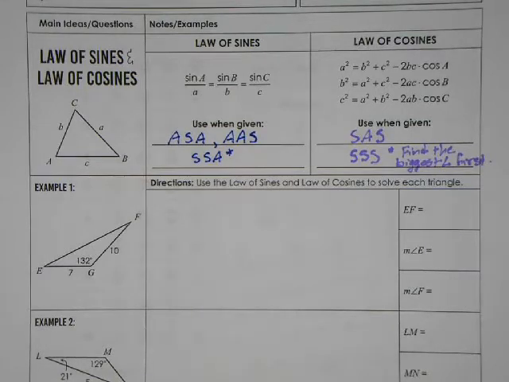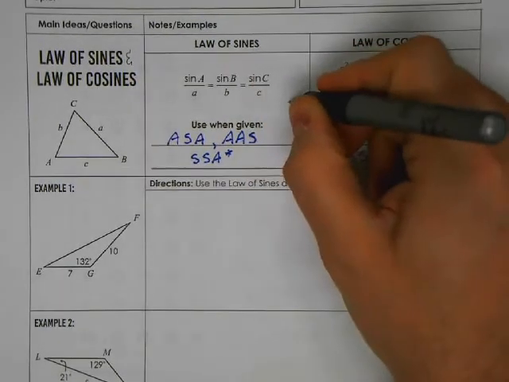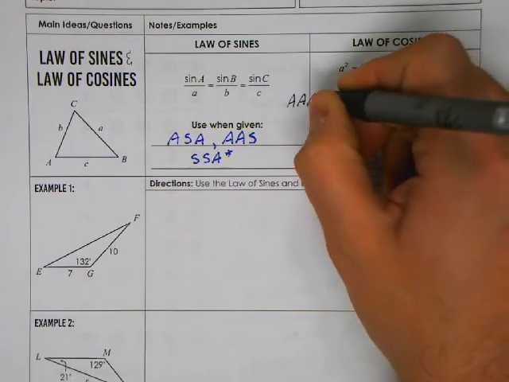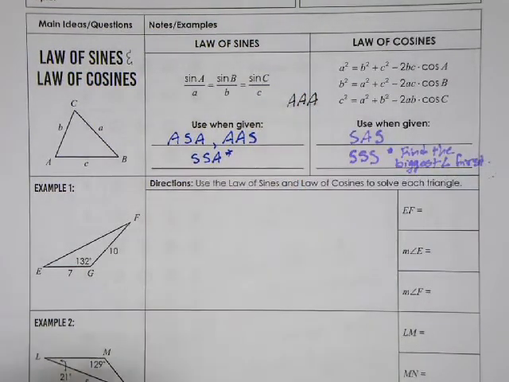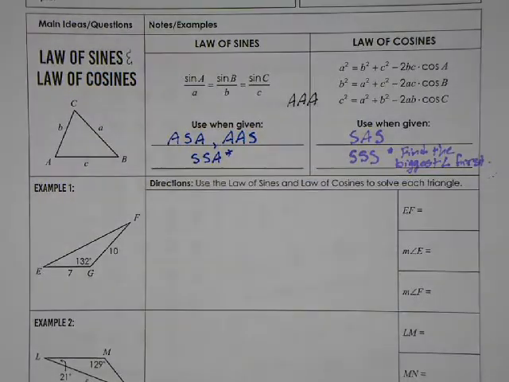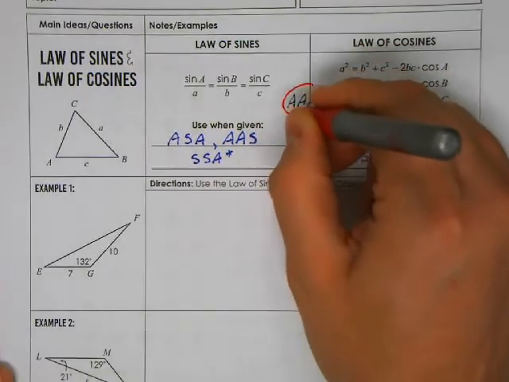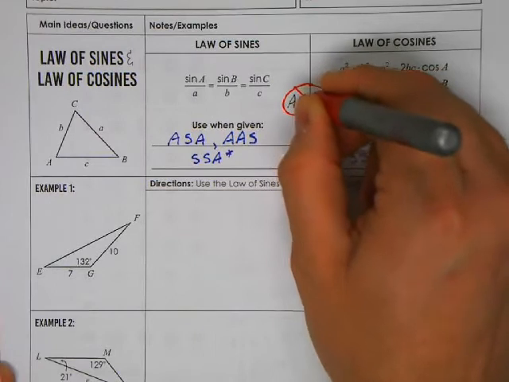Now, the one thing that we haven't talked about is, what about angle, angle, angle? What if I have three angles? Well, angle, angle, angle, unfortunately, cannot be used for anything other than showing figures are similar to each other.